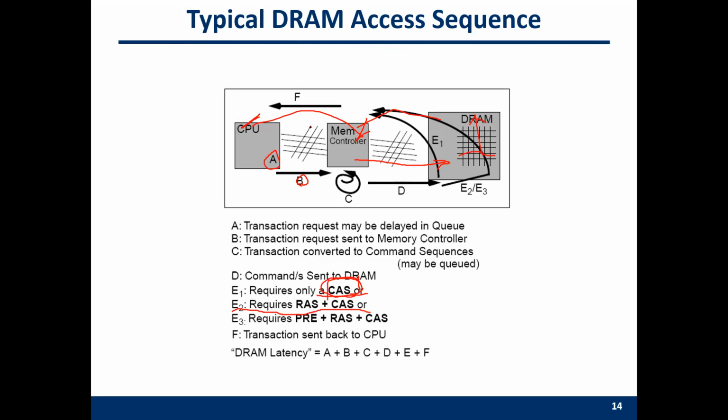Maybe at the last, the CPU wants to read another new piece of data, and the memory controller finds that this piece of data is not in the same row. So the memory controller needs to send a restore first, precharge.